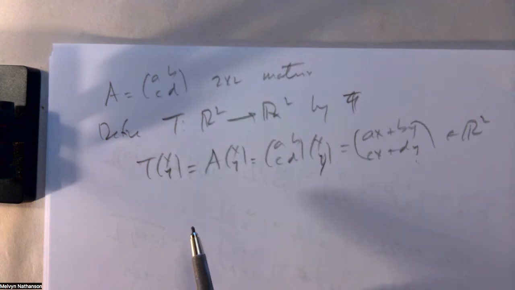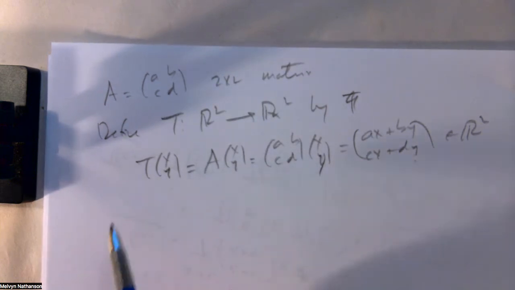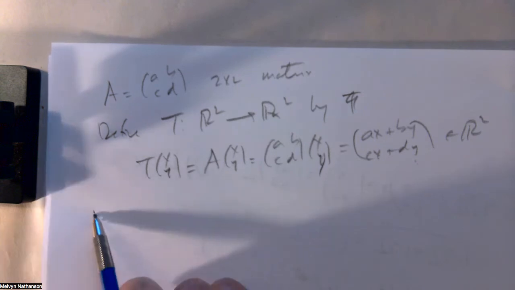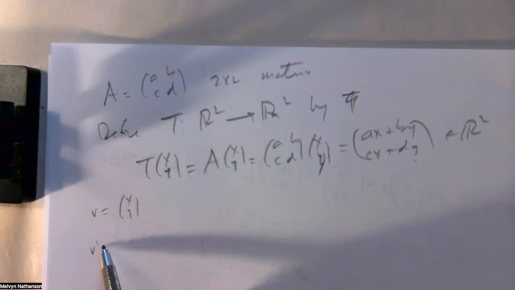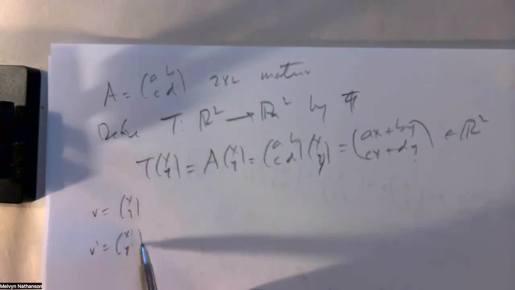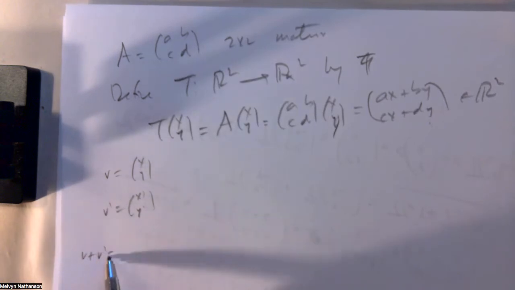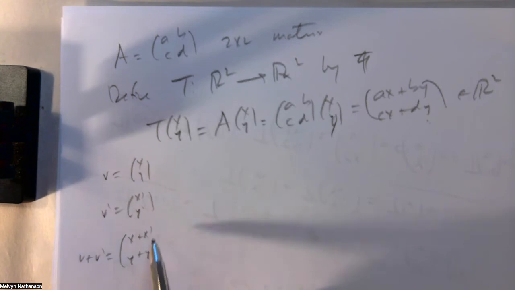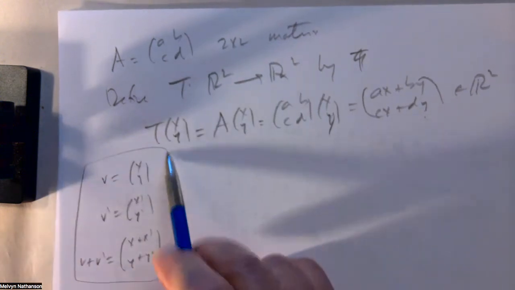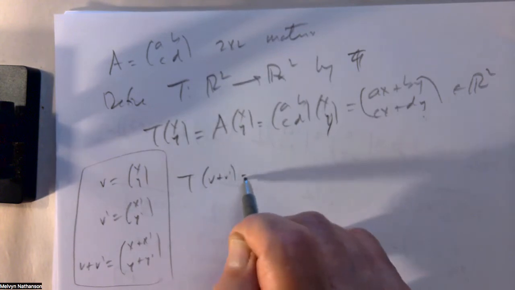I claim this is a linear transformation. So suppose I have the vector v, which is (x, y), and the vector v', which is (x', y'). So v plus v' is (x plus x', y plus y'). So what is T of v plus v'?